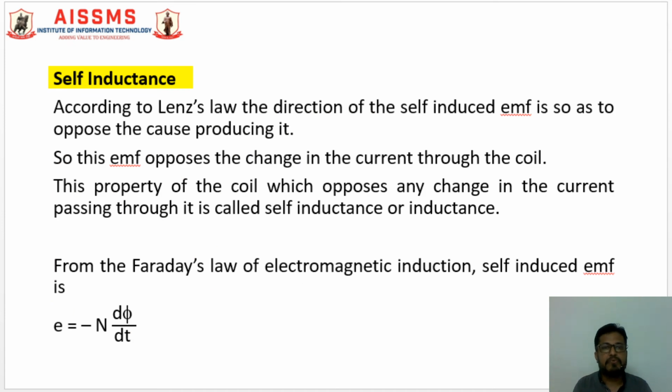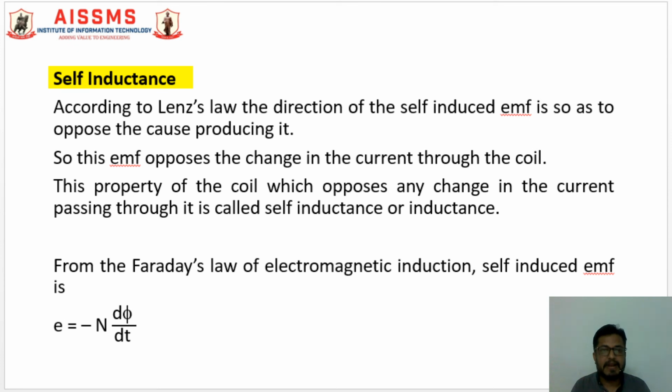Now according to Lenz's law, the direction of self-induced EMF is so as to oppose the cause producing it. So this self-induced EMF opposes the change in the current through the coil. This property of the coil which opposes any change in the current passing through it is called self-inductance or inductance.